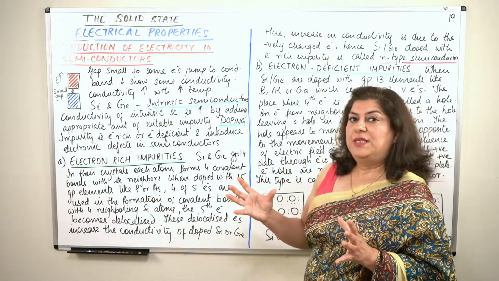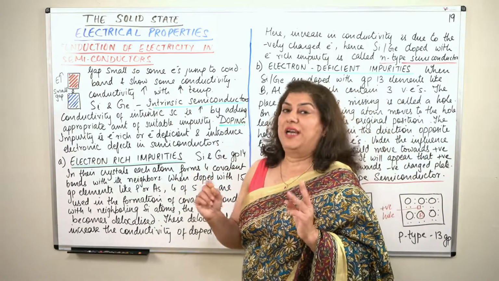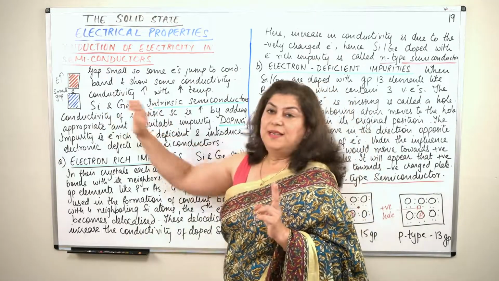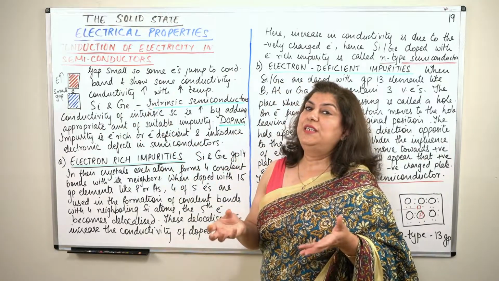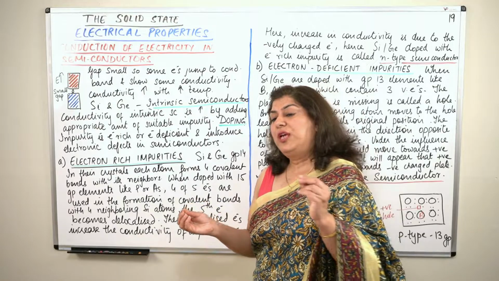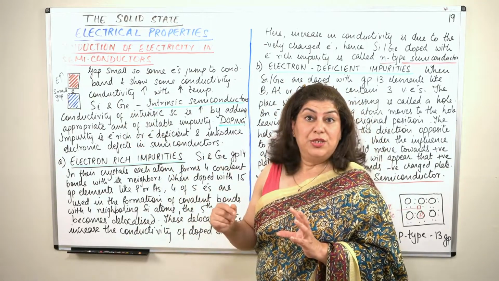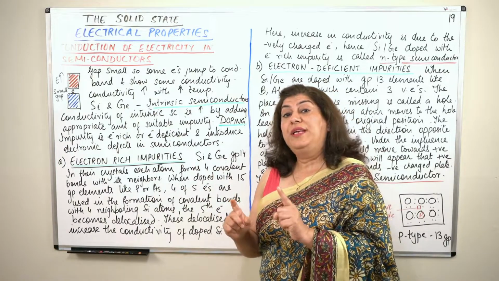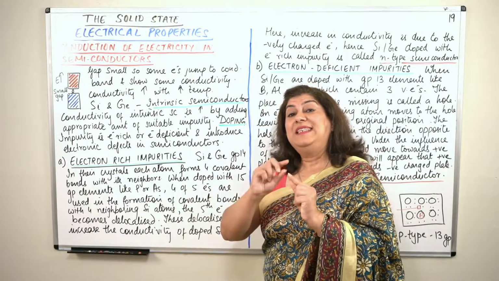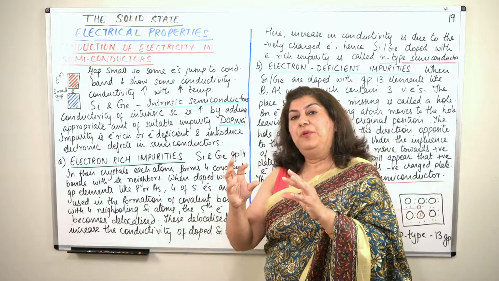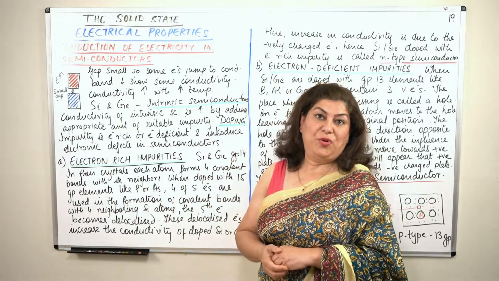Now, impurity can be of two types. You can improve the conductivity of a semiconductor by introducing more electrons into the element. Or you can also increase the conductivity by adding an impurity which has a lesser number of electrons.